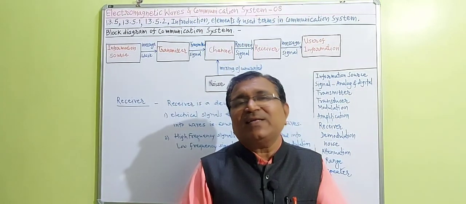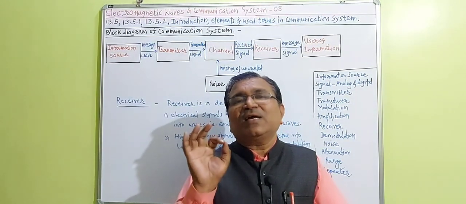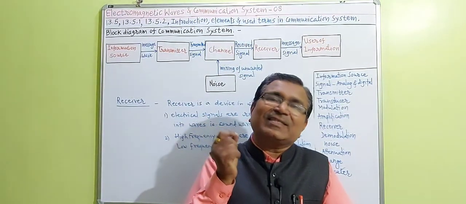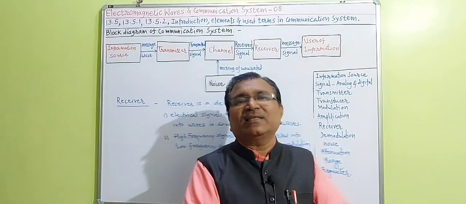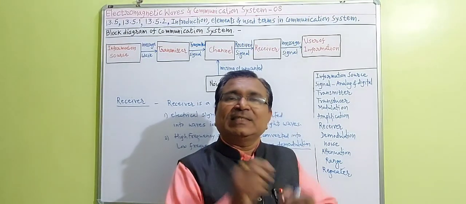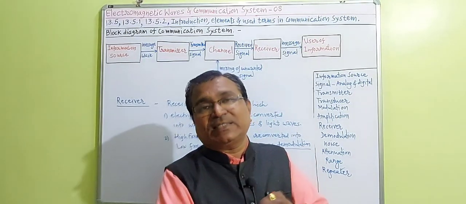So remember well, dear students, the receiver not only receives the electrical signals, but some process has to be done over the electrical signal. A device in which this is done, we call it a receiver.